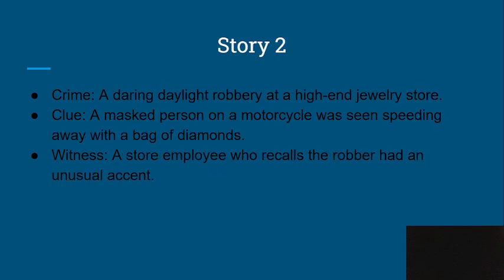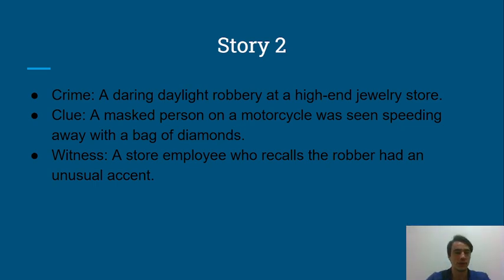Story 2. A daring daylight robbery at a high-end jewelry store. The clue is a masked person on a motorcycle was seen speeding away with a bag of diamonds. And the witness is a store employee who recalls the robber had an unusual accent.